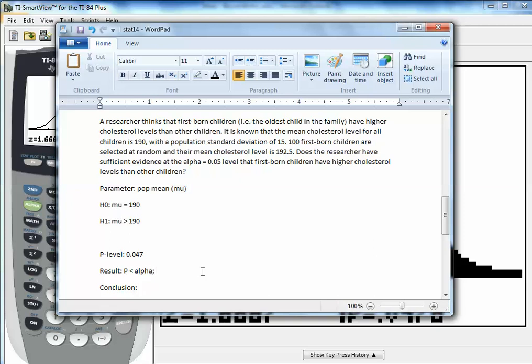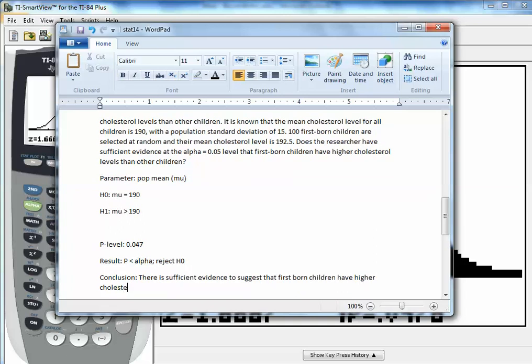What does that mean we're going to do? That means we are going to reject our null hypothesis. If we reject this, it suggests that the alternative is true. So our conclusion is there is sufficient evidence to suggest that firstborn children have higher cholesterol levels than other children.